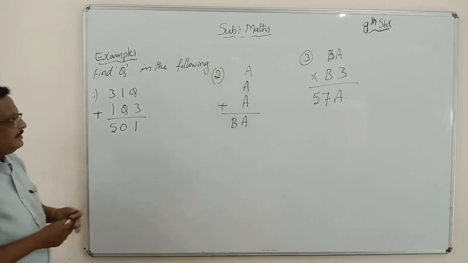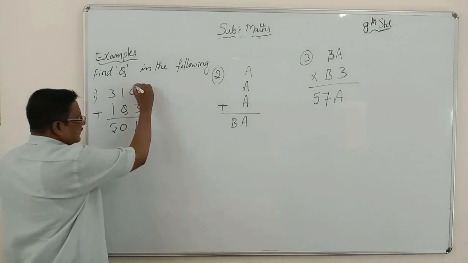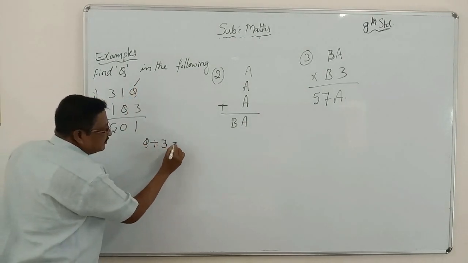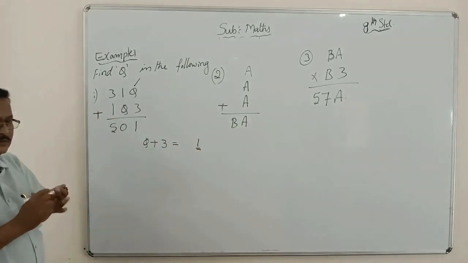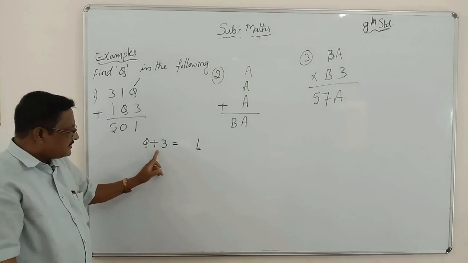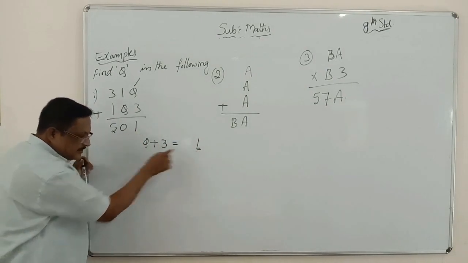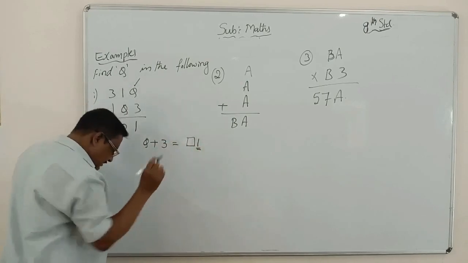See here, first you look at the unit place. Q plus 3 is equal to, in unit place you will get 1. In the tenth place one of the numbers is there, you leave it.